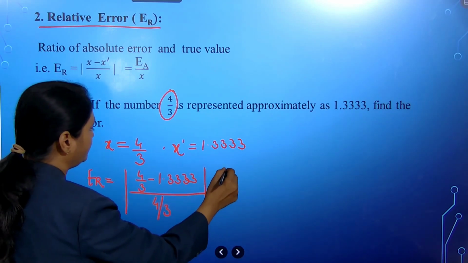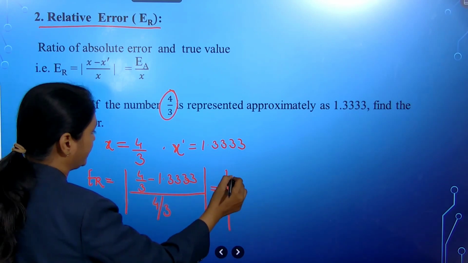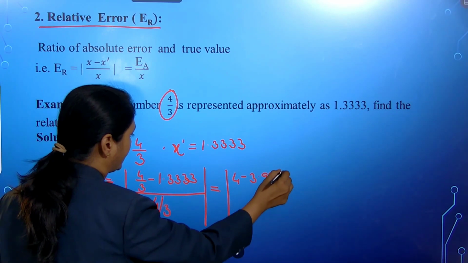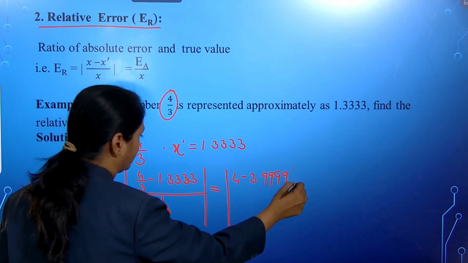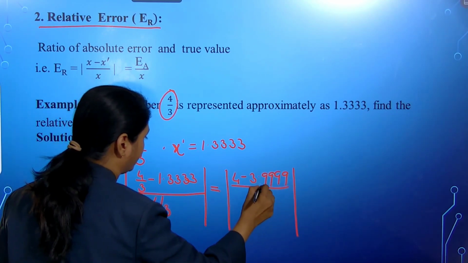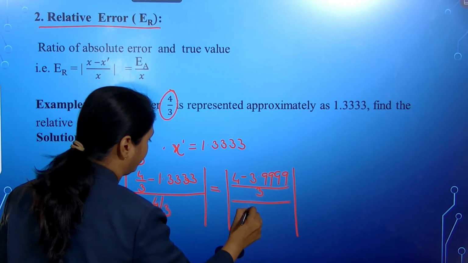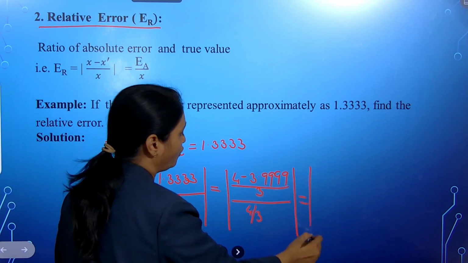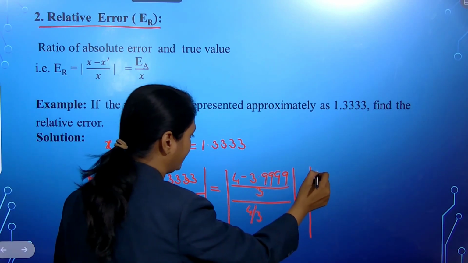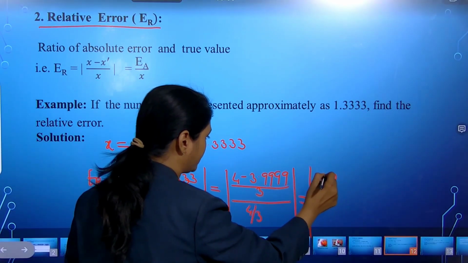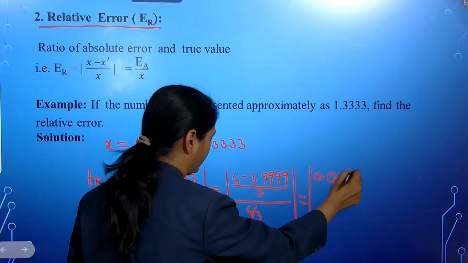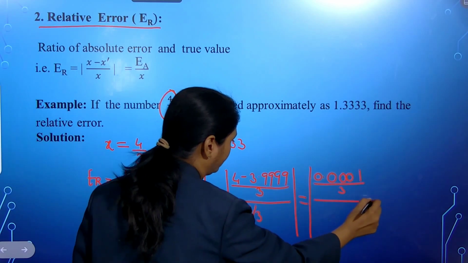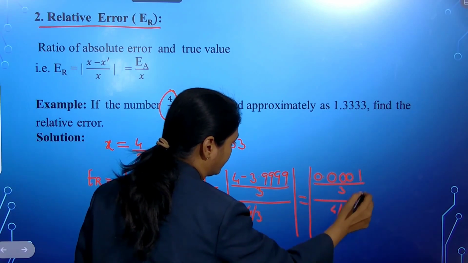So this is equal to, now multiplying by 3, we get 4 minus 3.9999 divided by 3 and whole divided by 4 by 3. So this gives us 4 minus 3.9999, that is 0.0001 divided by 3 upon 4 by 3.